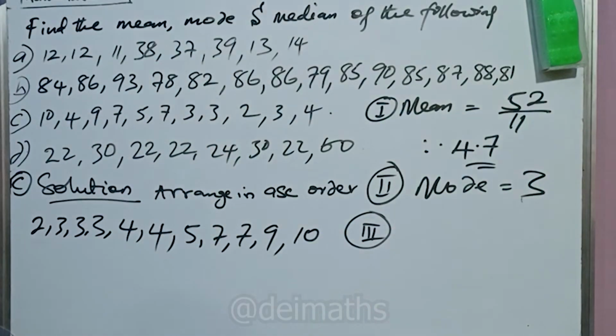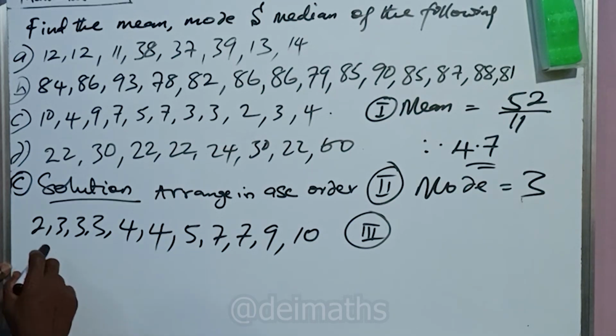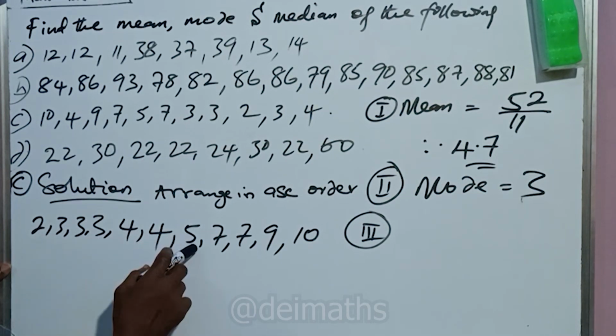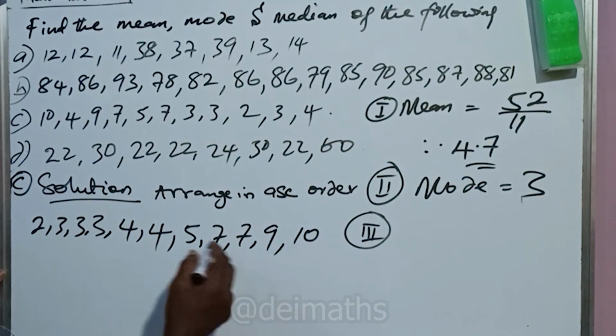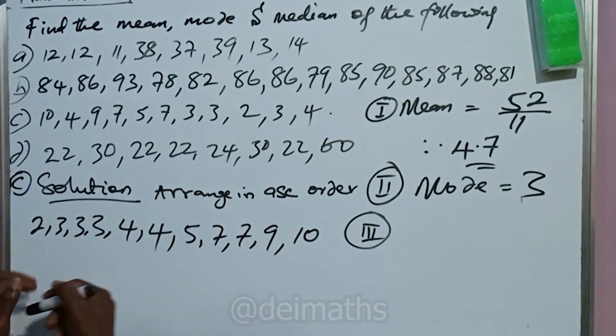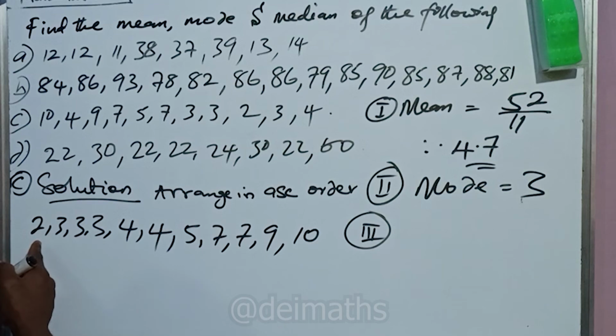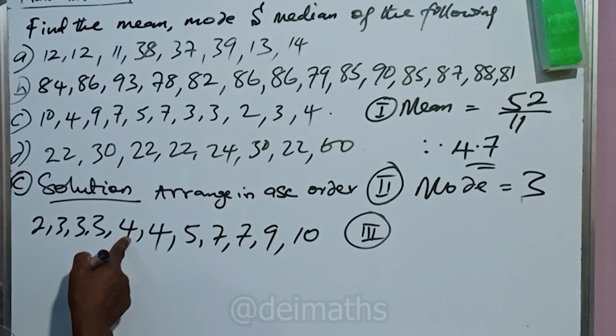is the middle number. So we have arranged it already. We look for the middle number. This is 1, 2, 3, 4, 5, 6, 7, 8, 9, 10, 11. So we have 11 here. So we count 5 from here, 5 from here. The middle number becomes our median. 1, 2, 3, 4, 5.